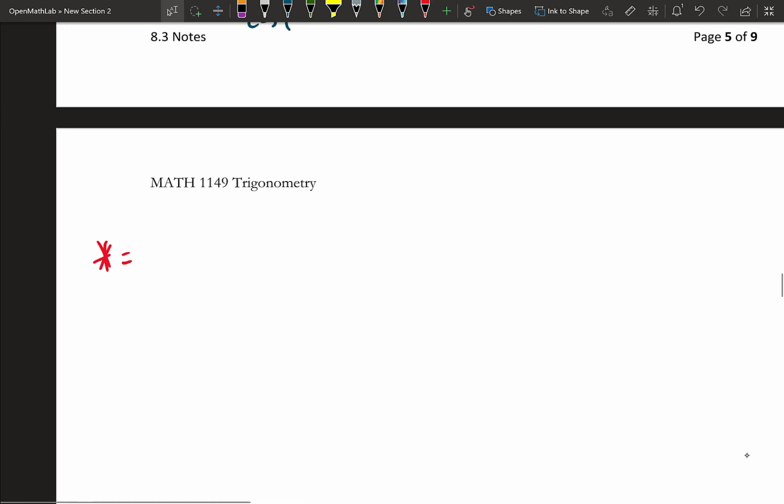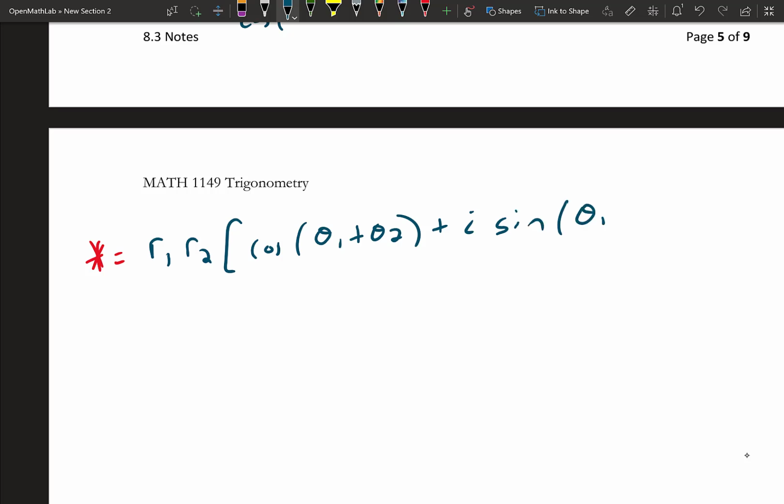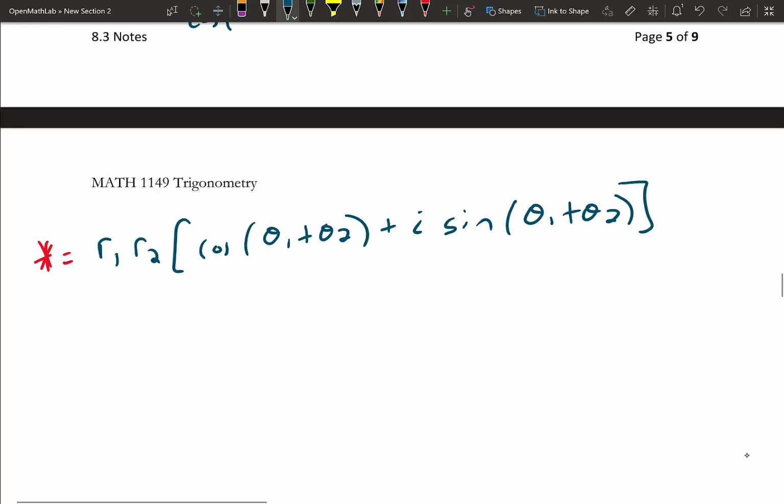So then what we can get is that this is going to be equal to r1 times r2 times cosine of theta 1 plus theta 2 plus i times sine of theta 1 plus theta 2, which is equation 1.